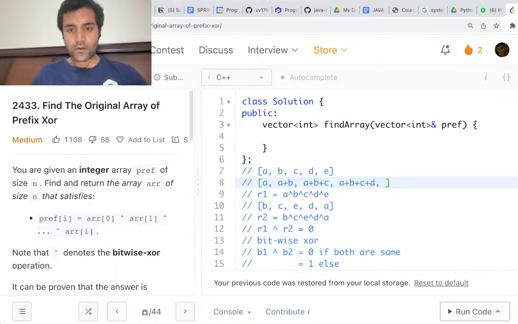Now in the question you have not been given a prefix sum array, you have been given a prefix XOR array. So I will just replace these additions by XORs.